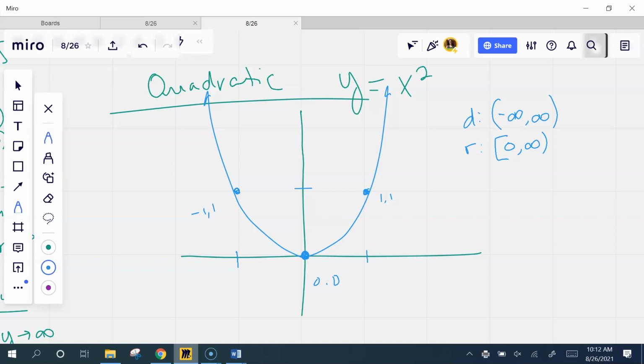What else about this one? Does it have any zeros? Zero. It has a 0 at 0, right?